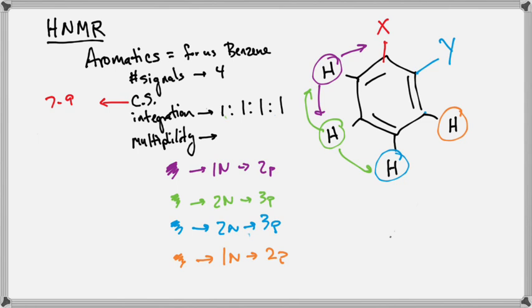The more different X and Y are from each other, the more we would expect a difference between the green and the blue. The more similar X and Y are, like if I put a methyl on one and an ethyl on the other, those are pretty chemically similar. Green and blue are probably going to come in right on top of each other, so much so that they may actually show up as a single set of peaks.